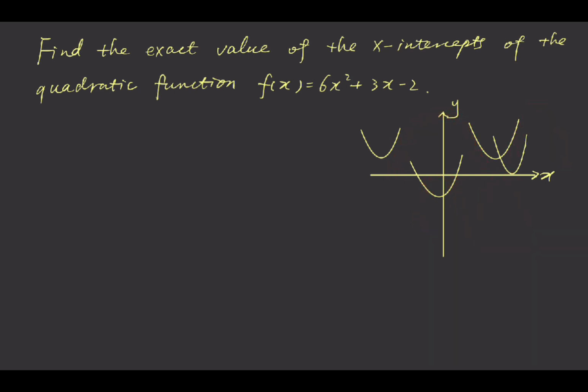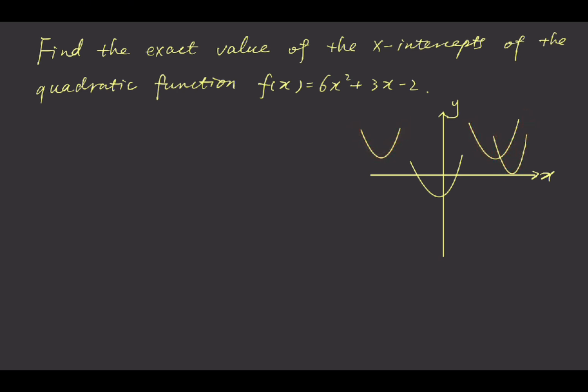From the graph, we can figure out for this situation and this situation, we can discuss so-called x-intercepts. For this graph, we have two x-intercepts. This graph and this graph have no point of intersection with the x-axis, so we cannot discuss so-called x-intercepts of the function for these two situations.